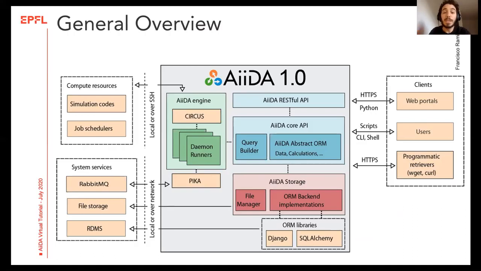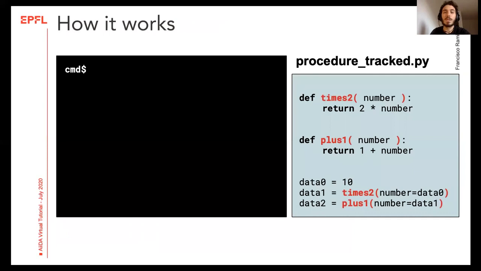So these are the pieces of the puzzle, but then how does it work? Or more specifically, how does one work with this? So, okay, let's take a look at this very simple procedure. We start with this initial piece of information, this initial data, the number 10 stored in our variable data 0.